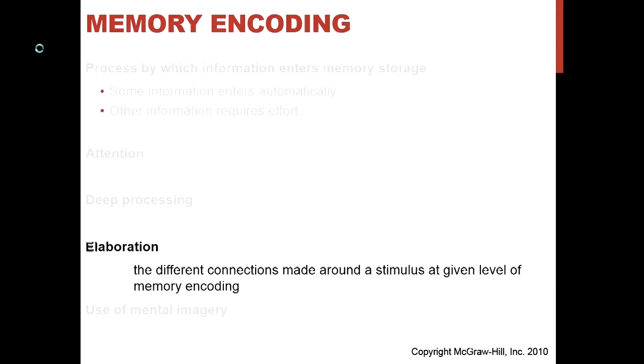We also have elaboration, where we can create different connections around a stimulus, and this will allow us to have varying levels of encoding as well. So it's like, I talk about this party that I went to this weekend, and you tell me, oh, you went to a party this weekend?